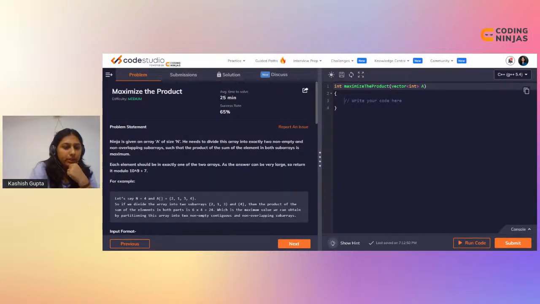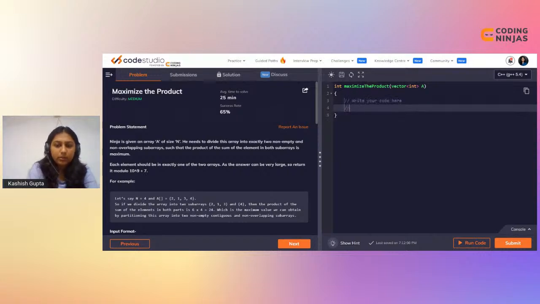So the second question is maximize the product. Ninja is given an array A of size n. He needs to divide this array into exactly two non-empty and non-overlapping subarrays.